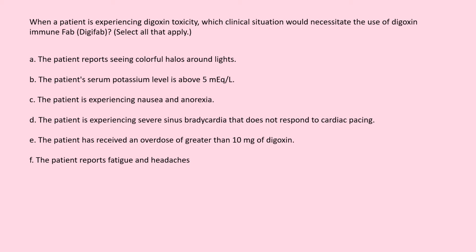C. The patient is experiencing nausea and anorexia. D. The patient is experiencing severe sinus bradycardia that does not respond to cardiac pacing. E. The patient has received an overdose of greater than 10 mg of digoxin. F. The patient reports fatigue and headaches.